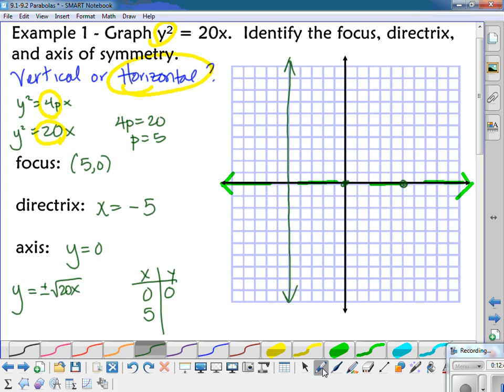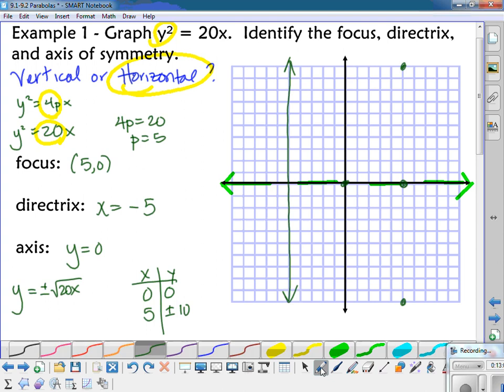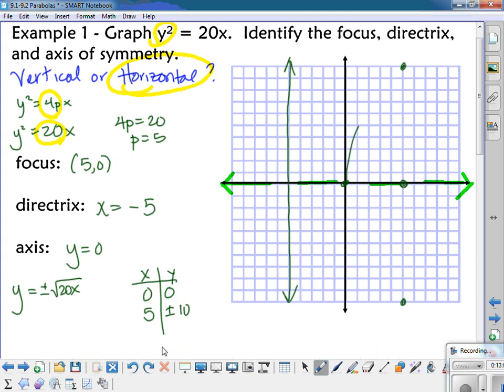So it's going to be plus or minus 10, the square root of 100. So I go to 5 positive 10 and 5 negative 10. And then my vertex, and I draw the arc through those points. And there's your parabola.